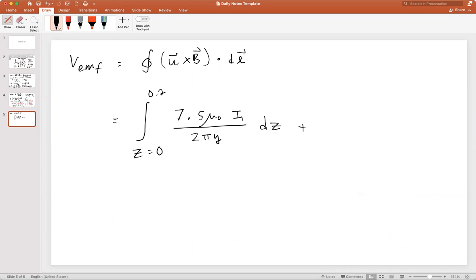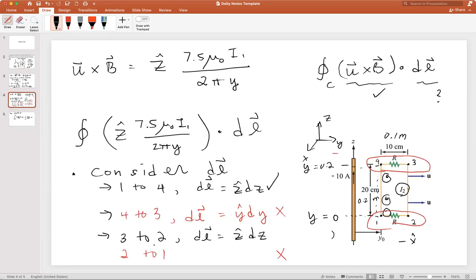And then for the second integral, we have 7.5 mu naught I1 over 2 pi y. And from the dl, we have that this will be dz. So again, we'll need to choose our limits here. And this is for path 3 to 2, so we'll integrate from 0.2 down to 0.